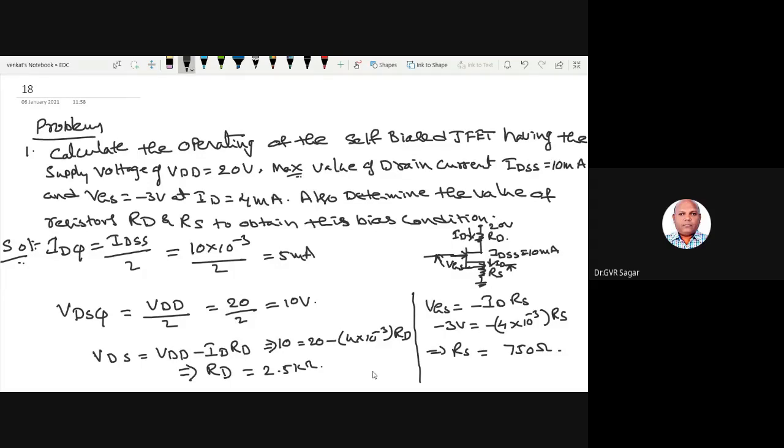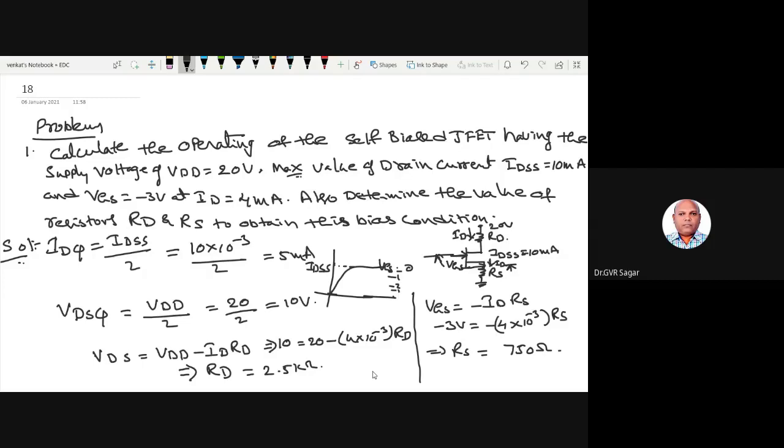This is IDSS, the maximum, when VGS is equal to 0. As VGS goes on decreasing, minus 1, minus 2, minus 3, the drain current goes on decreasing. So for VGS equal to 0 we get IDSS, called the drain to source saturation current.